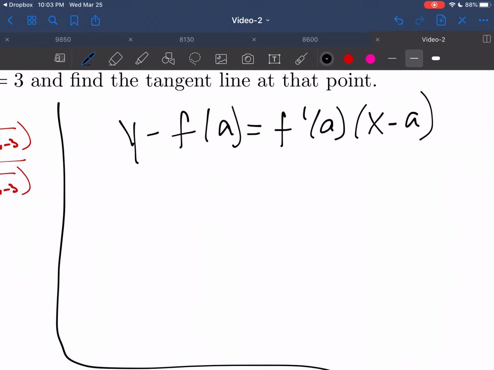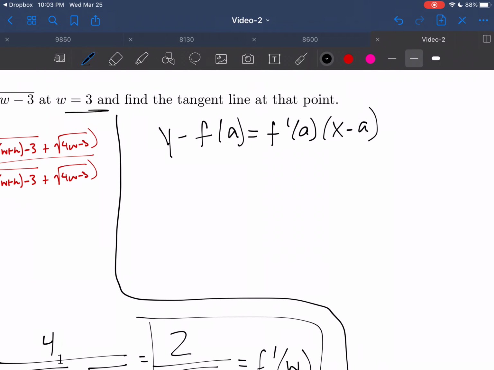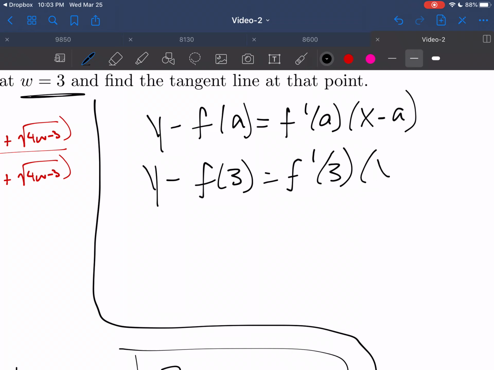We can evaluate that at a, which in this case is 3. So we get y minus f of 3 is equal to f prime of 3 times x minus 3.